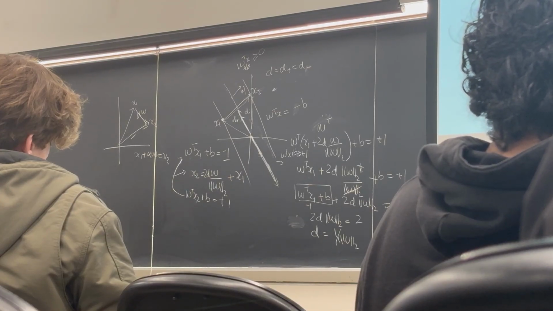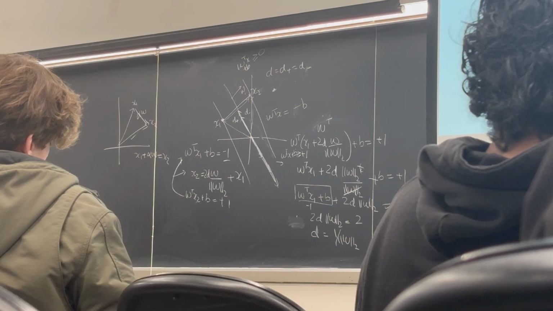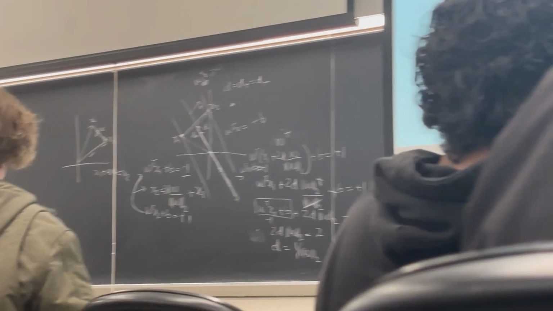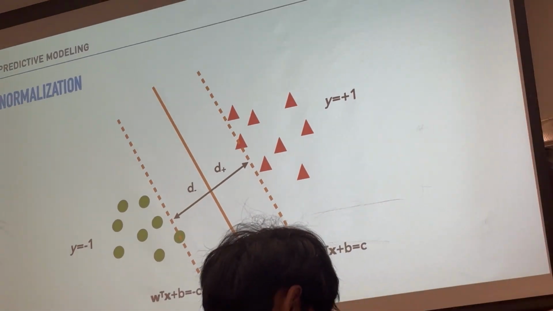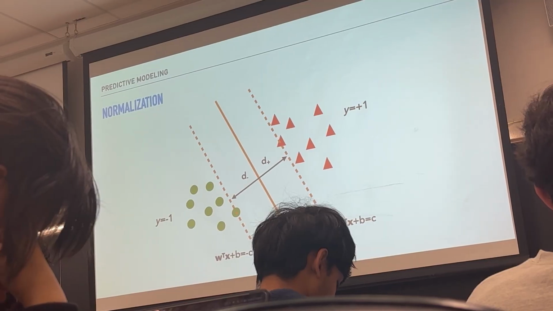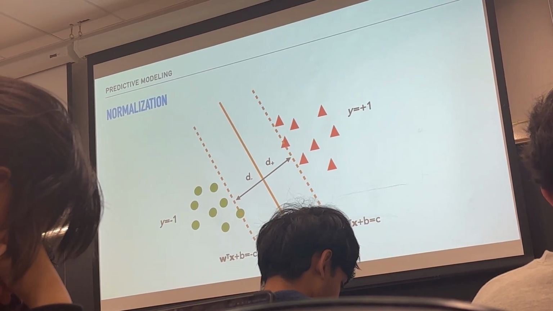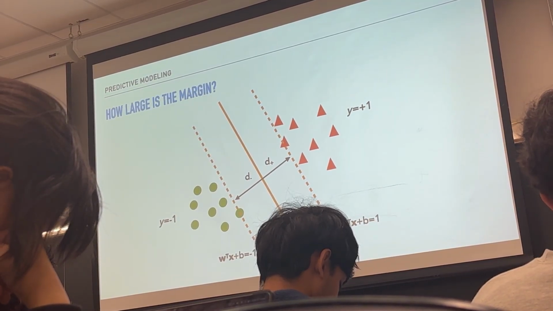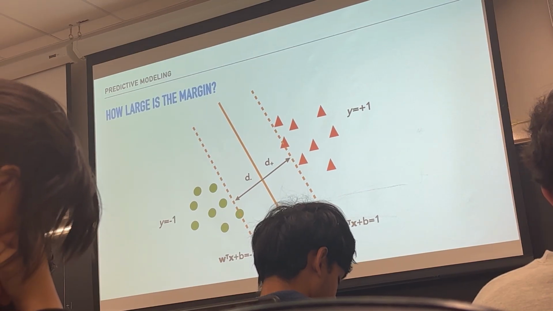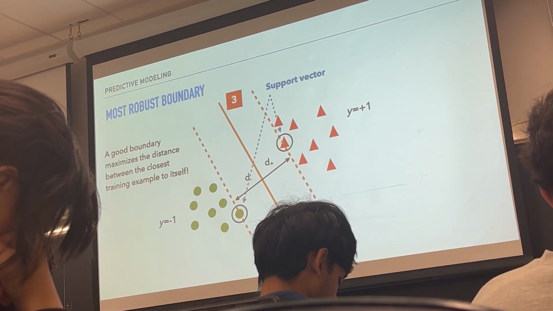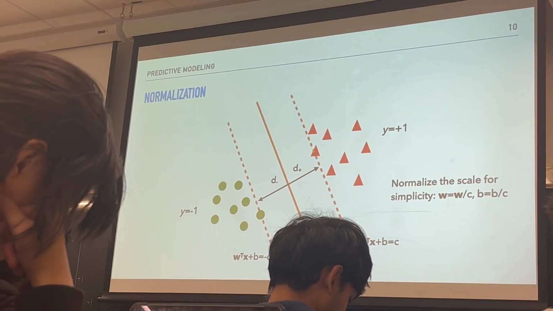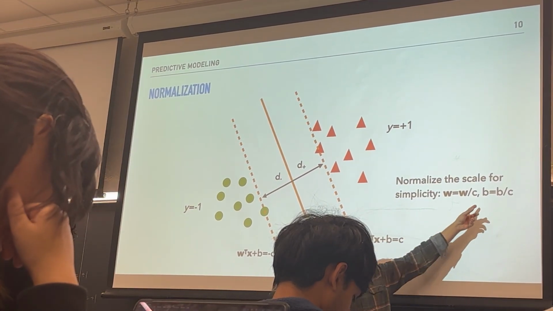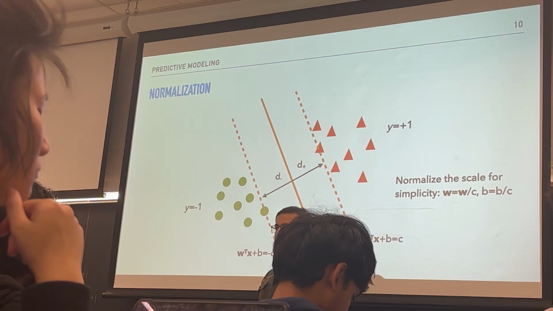Let's take a step back, right? So we said the middle hyperplane is W transpose X plus B. You're saying the rightmost are some C and minus C. Right? I'm saying if I set C equal to 1 or -1, I'm essentially rescaling all the variables in my equations. I'm just rescaling them. This loses no generality.